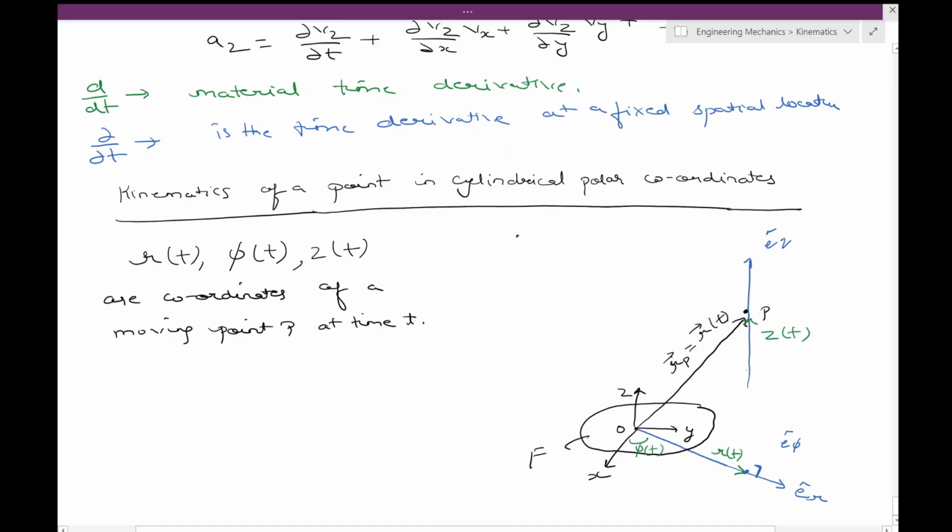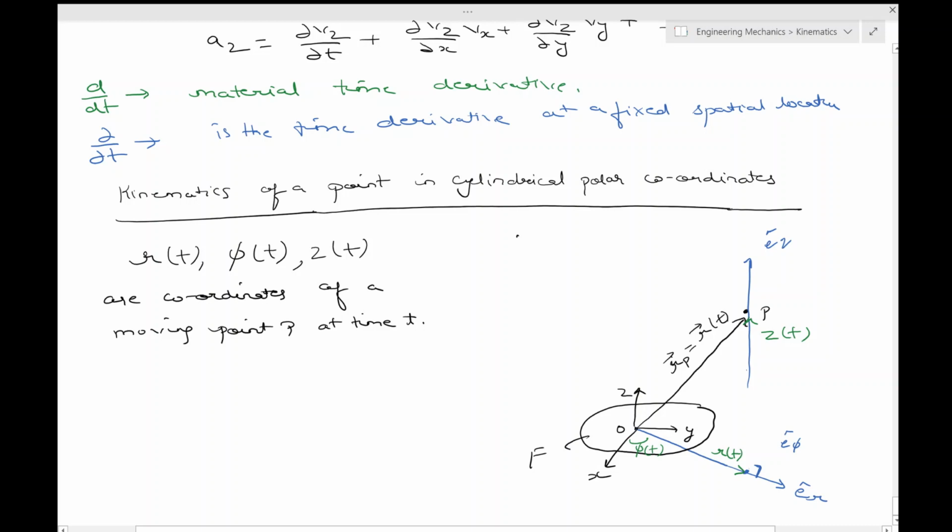Let me just switch back, just like this one. E of phi. So the coordinates of this point are clearly x of t, y of t, and z of t.